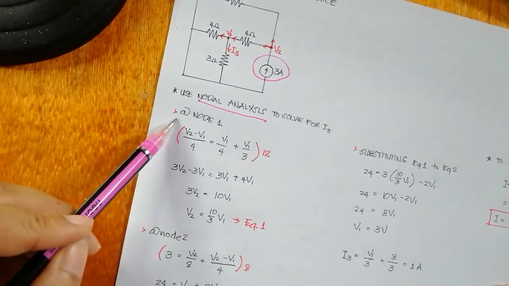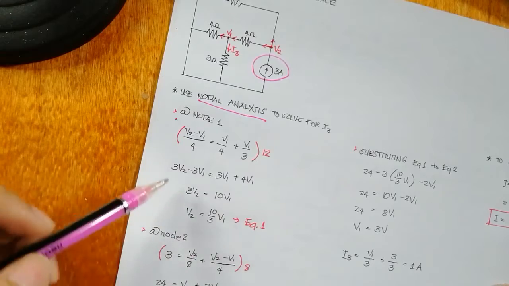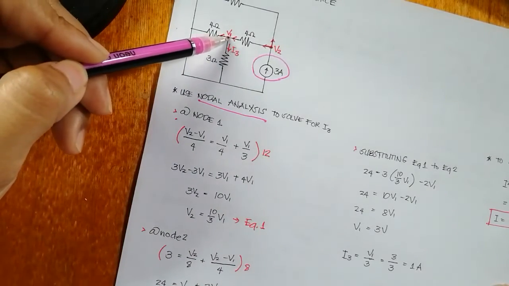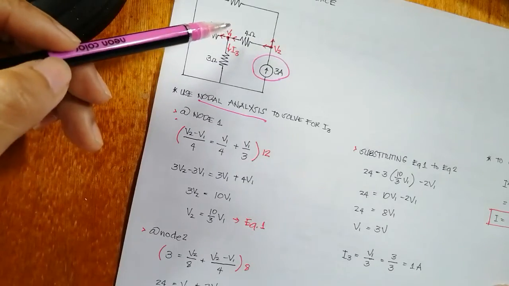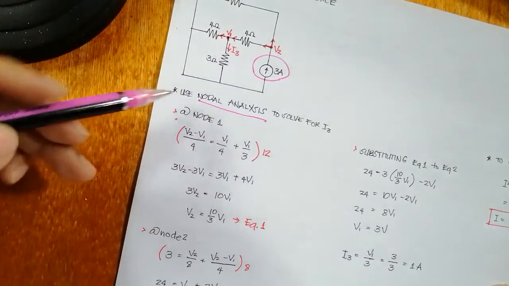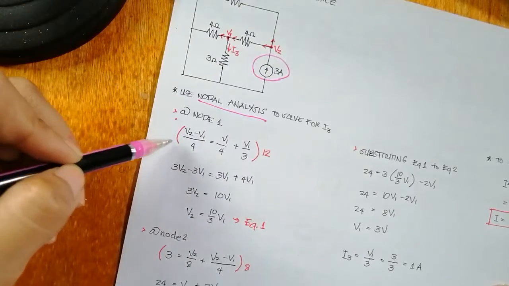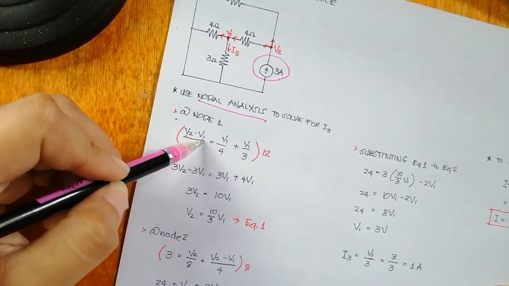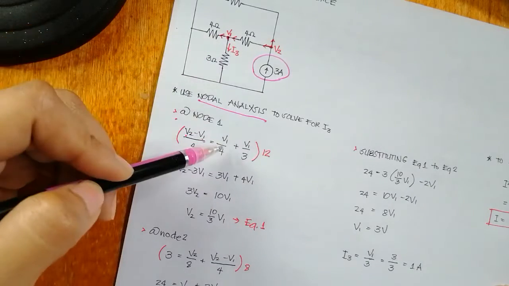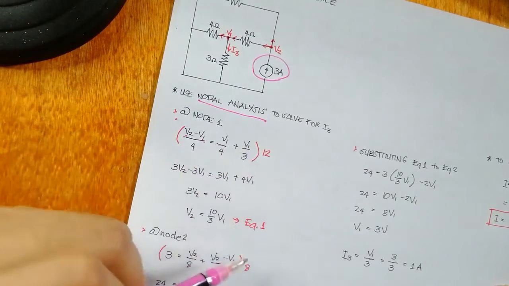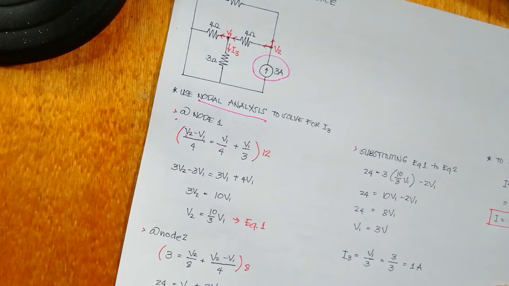Then at node 1, we have current entering. So it is V2 minus V1 over 4 is equal to V1 over 4 plus V1 over 3.